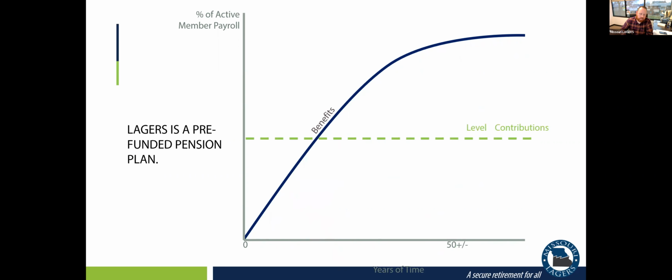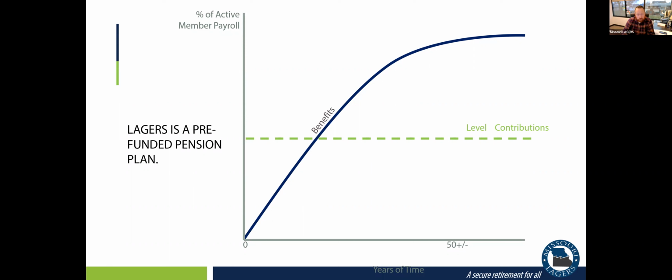Loggers instead is what's called a pre-funded plan, meaning we're going to be accumulating assets prior to someone's retirement, so that by the time someone is eligible to retire, the assets necessary to fund that benefit are already in the trust. When you don't have anyone retired, we're collecting a larger amount of contributions than what is being paid out in benefits, so that by the time those lines cross of level contributions and benefits payable, the funds necessary are already in the trust, and there isn't any significant fluctuation in contribution rates.